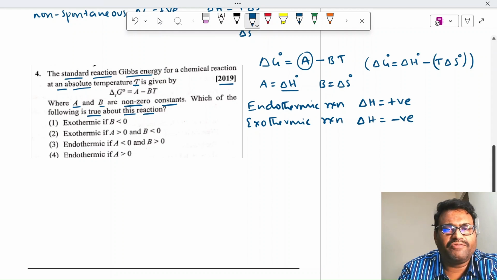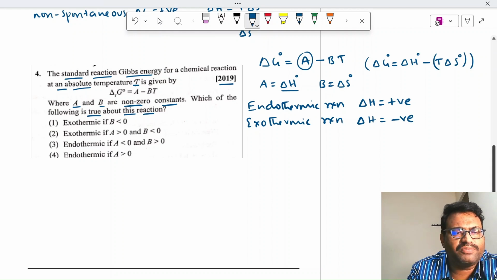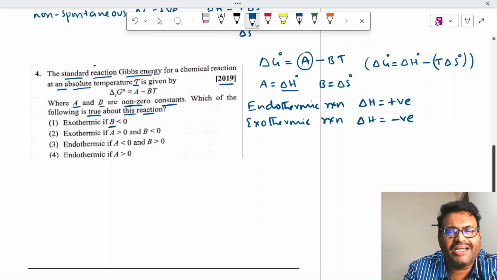In the first option it is spoken about B. What is B? Delta S. Delta S does not say whether a reaction is exothermic or endothermic. Delta H says that. So the first option is not correct.